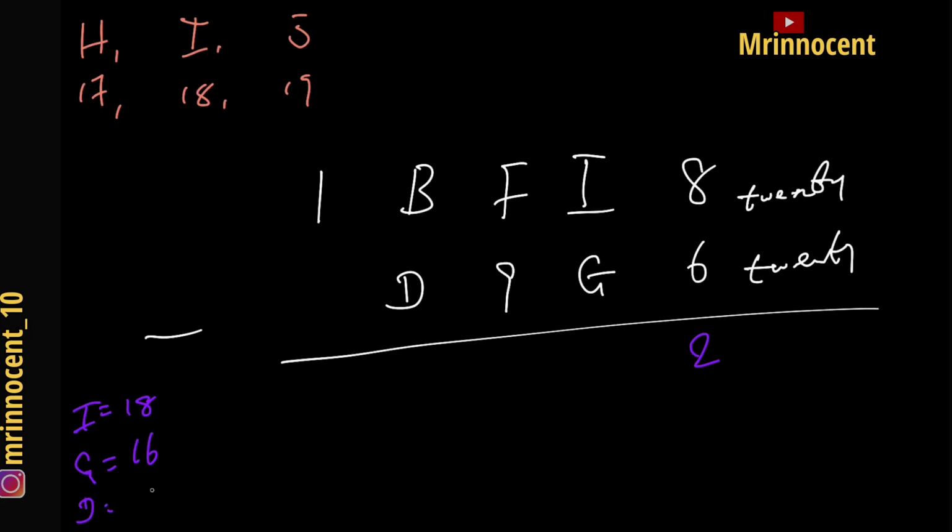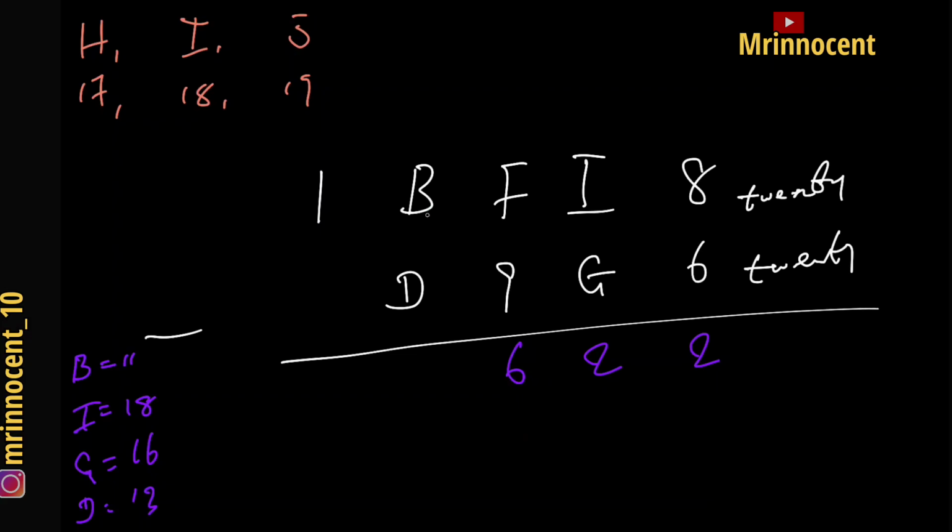D equals 13. B equals 11. So 18 minus 16 equals 2. 15 minus 9 is 6.